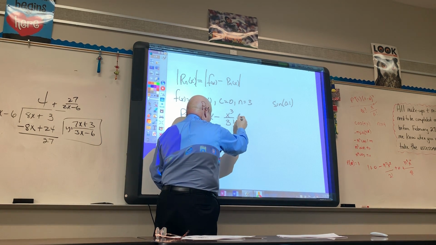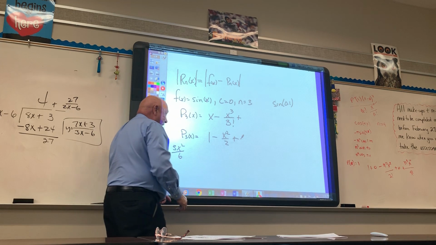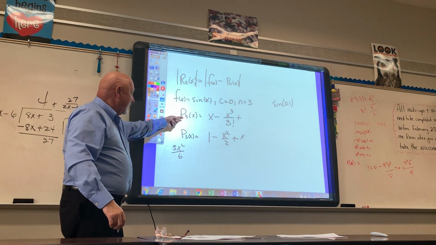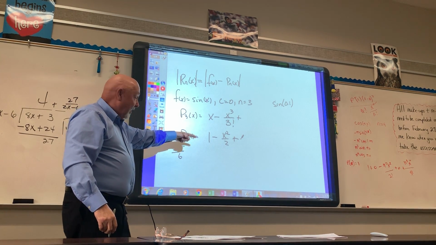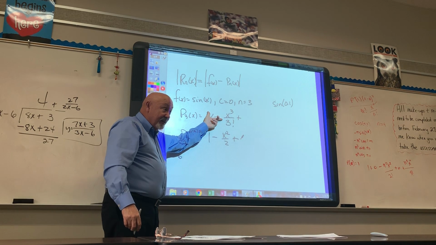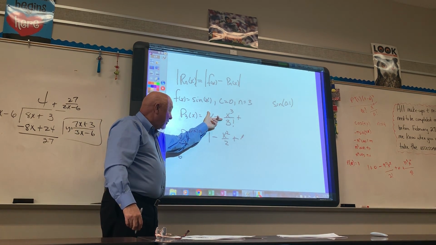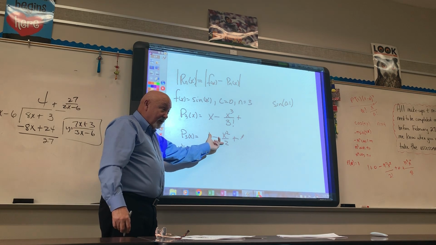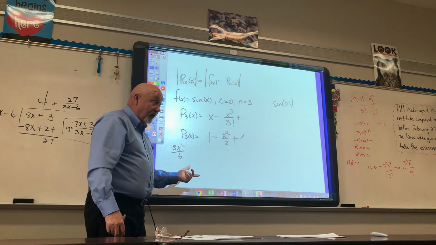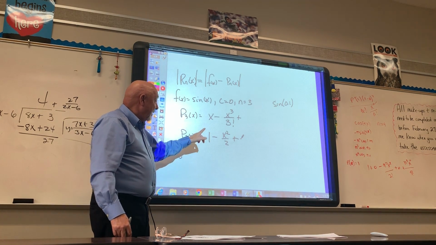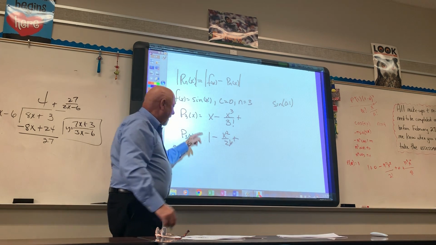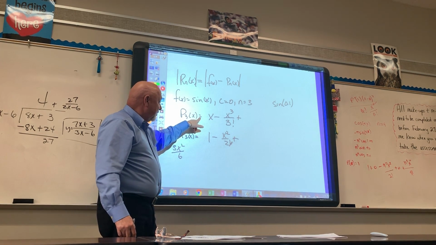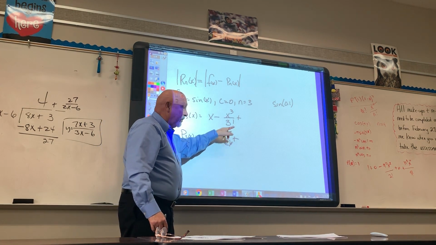The next one would be x to the third over. So the derivative of sine is cosine, right? That's a representation for sine, so the representation for cosine is that. That's the formula for cosine. And when I teach you tangent, arctan is the same as sine, except there aren't any factorials.